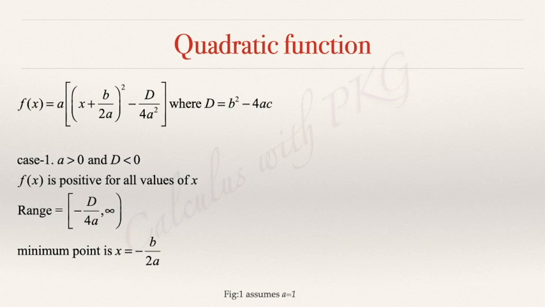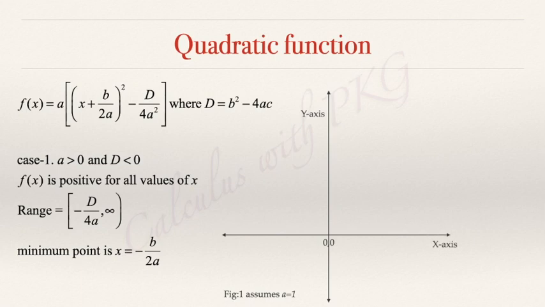First, in order to calculate the range of quadratic function, let us draw the graph of the above function f of x equal to a within third bracket x plus b by twice a whole square minus d by 4a square, where d equal to b square minus 4ac. Consider the function f of x equal to ax square, and we choose a greater than 0, and here in our figure we choose a equal to 1.